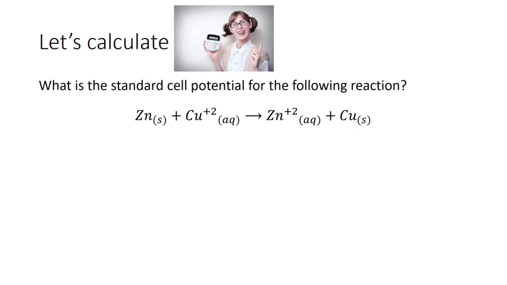Okay, so let's walk through a calculation looking at this. We have this particular equation. One thing you'll notice is that if we know we're working with zinc and copper, we can look at the reduction of both of these, with 2 electrons.